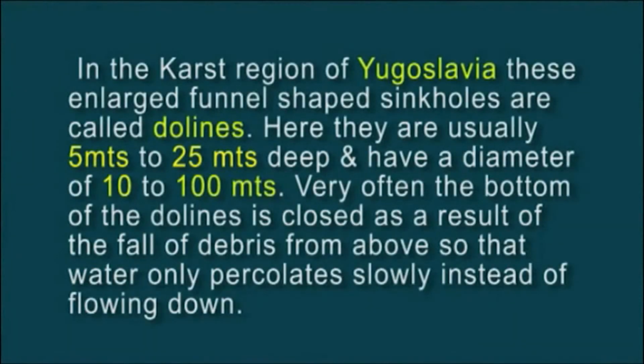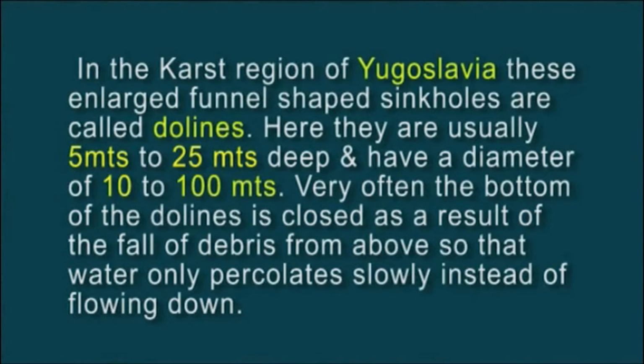Funnel shaped sinkholes formed by solution tend to enlarge downwards because of the repeated action of solution. In the karst region of Yugoslavia, these enlarged funnel shaped sinkholes are called dolines. Here they are usually 5 meters to 25 meters deep and have a diameter of 10 to 100 meters.